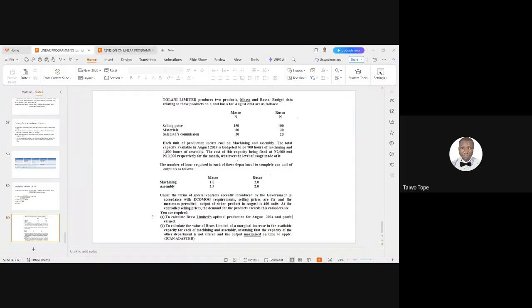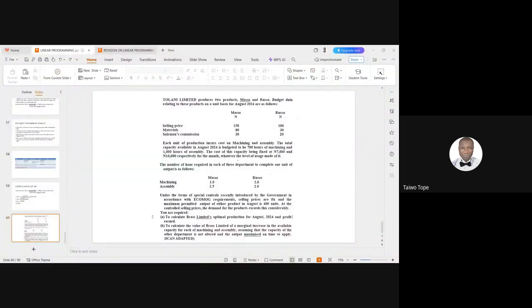So looking at this question, we are asked to calculate Tolani Limited's optimal production for August 2024 and profit earned. We have selling price, material, salesman's commission. Each unit of production entails cost on machining and assembly.